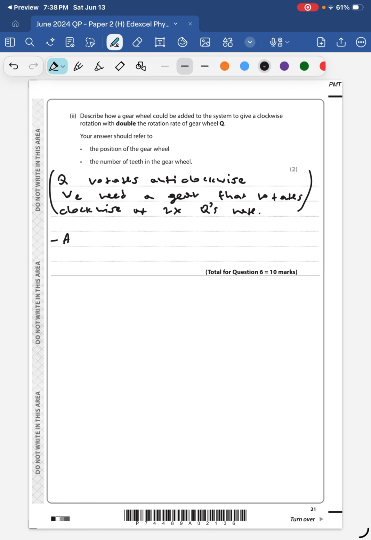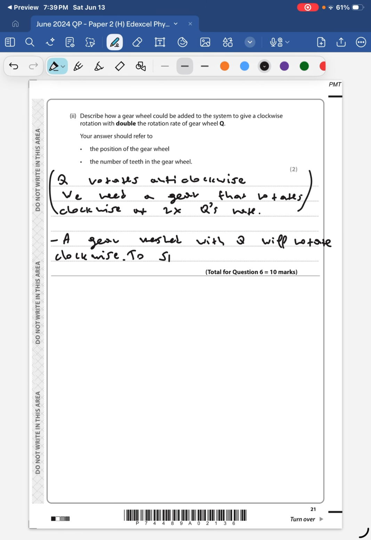So we can write that a gear meshed with Q will rotate clockwise.